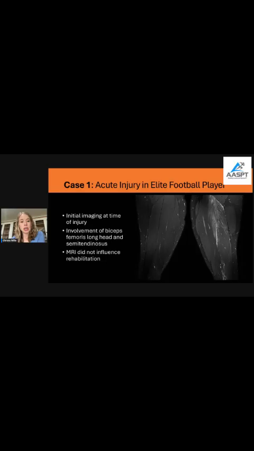What's interesting in this case, as a take-home, is that despite that, he did successfully continue to go on and play. Those imaging findings did not influence his initial rehab or his long-term rehab either. He successfully compensated and was able to perform at a high level despite that injury, despite that denervation edema.